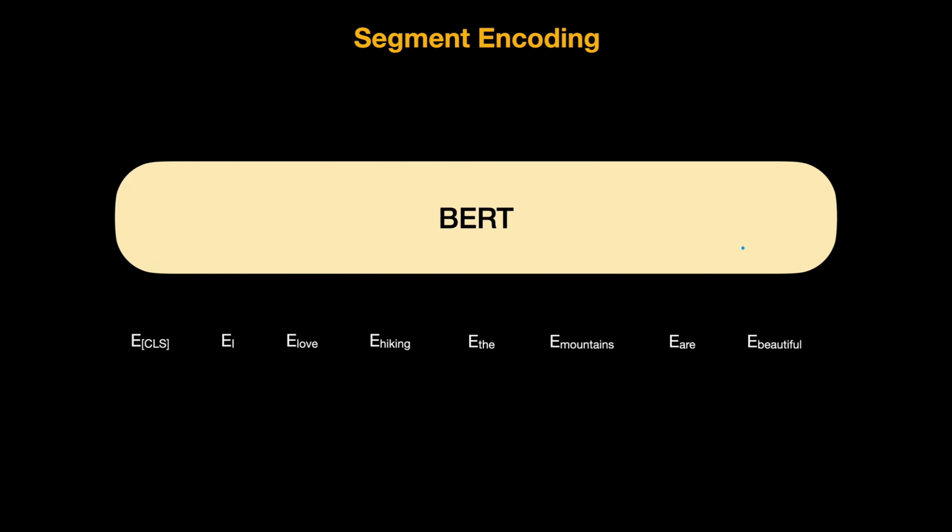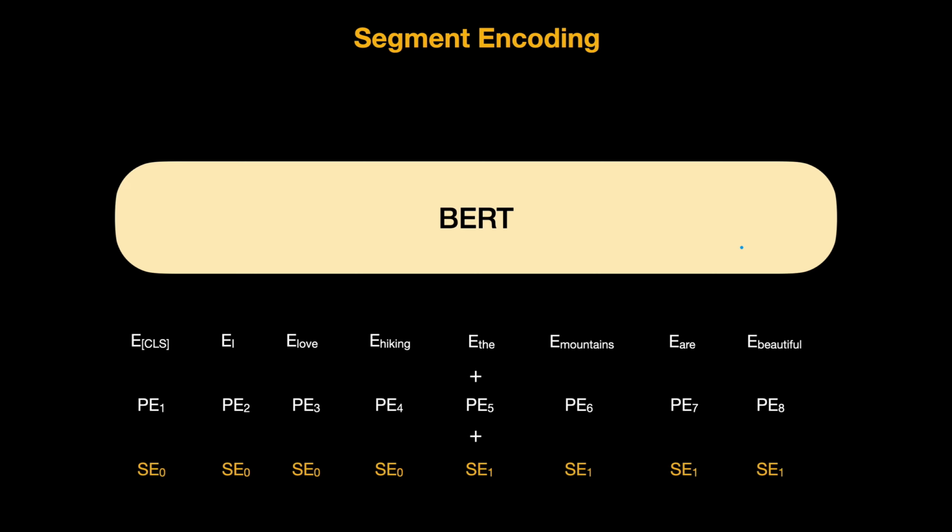We know that the input to BERT is word embeddings plus positional encodings. Along with this input, what if we add another segment encoding in the input? What is this segment encoding? It simply tells the model which token belongs to which segment. We are adding segment encoding of 0 for the words in the first sentence, while we are adding the segment encoding of 1 to all the words in the second sentence.